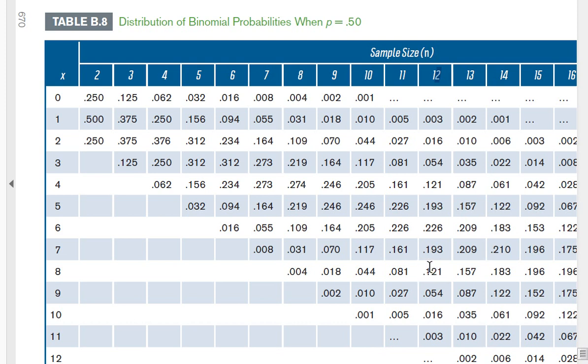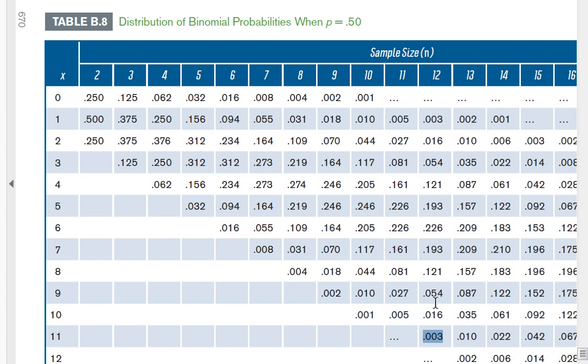0.121. And then the probability of 9 out of 12 is 0.054. And 10 out of 12 here is 0.016. 11 out of 12 is 0.003. And 12 out of 12, 0. So we want these four values here, 121, 054, 016, and 003.